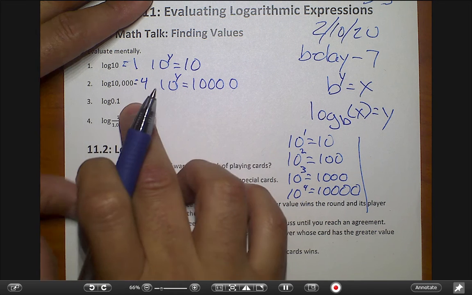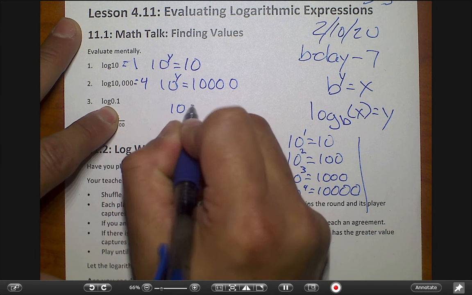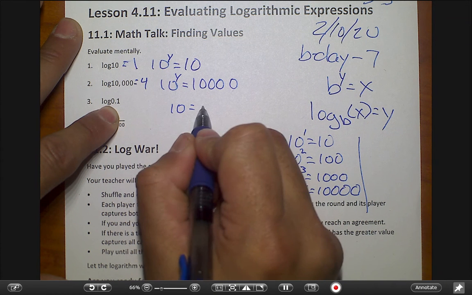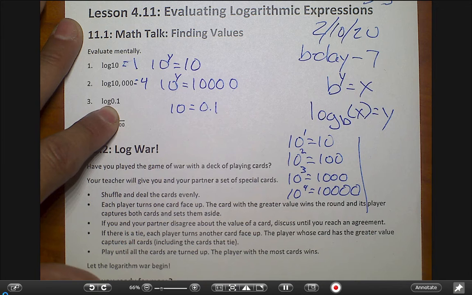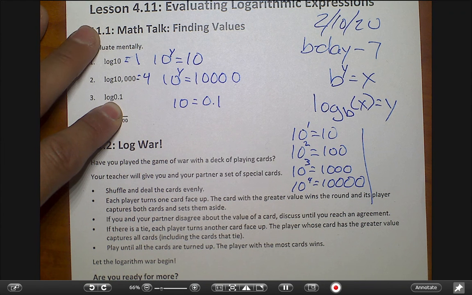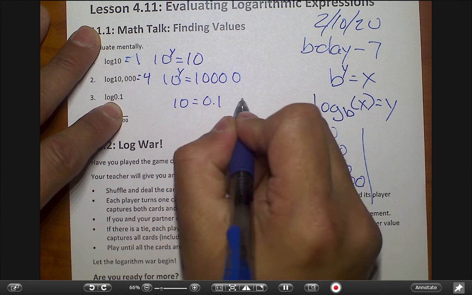Now this next one right here, again, my base is going to be 10 equals what number? 0.1. Now, if I were to write that as a fraction, how would I write that? 1 over 10, isn't it? 0.1 is 1/10.